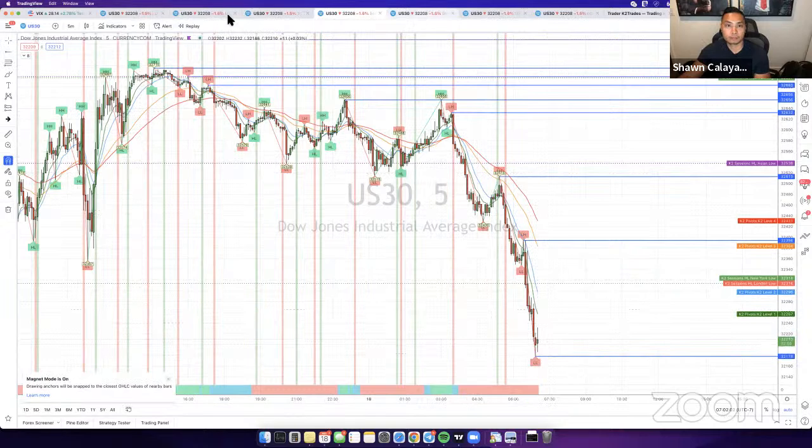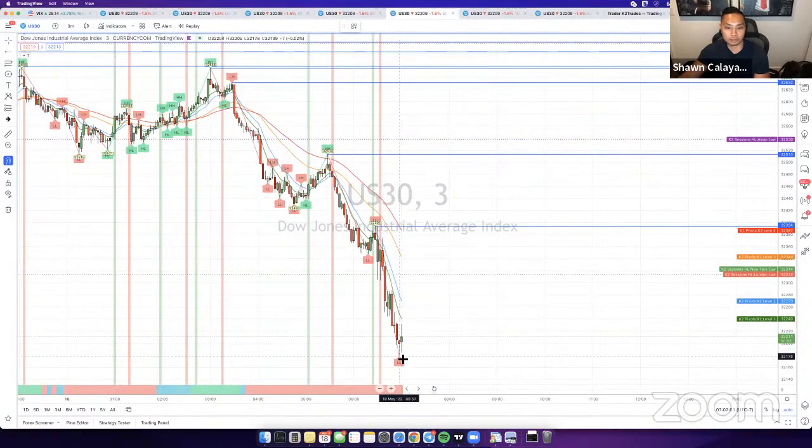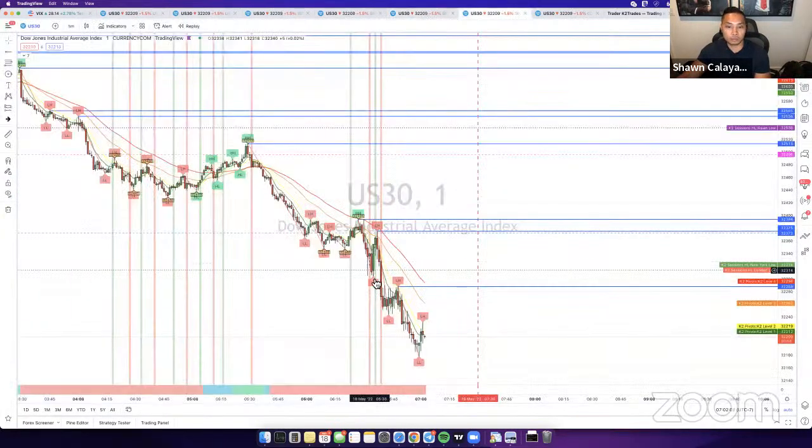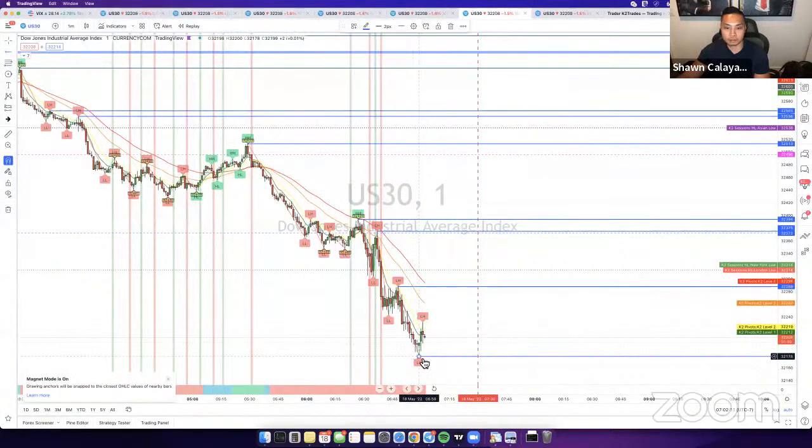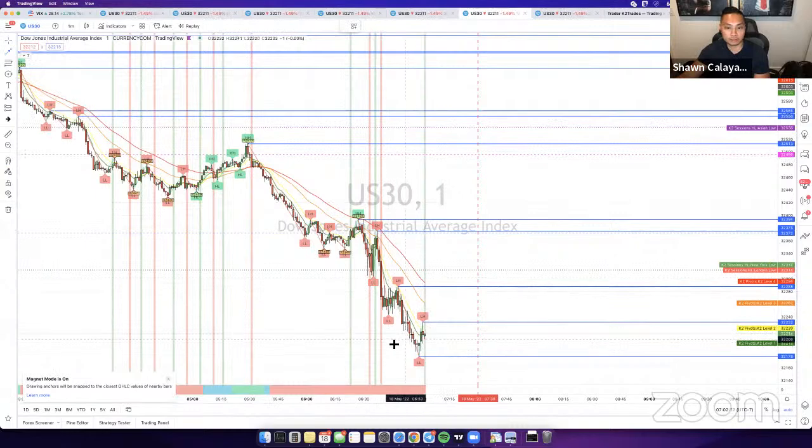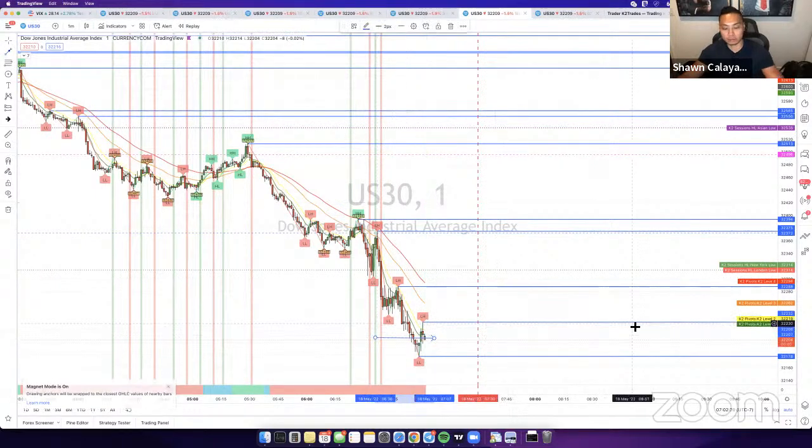3 minute right there, or 5 minute actually, 3 minute right there. And the 1 minute price is pretty much just establishing a new area of consolidation. So at this point again, right here, not really much happening, just some more consolidation right there.